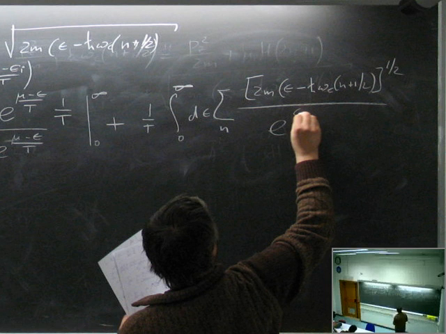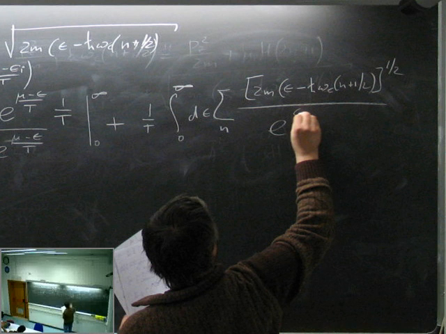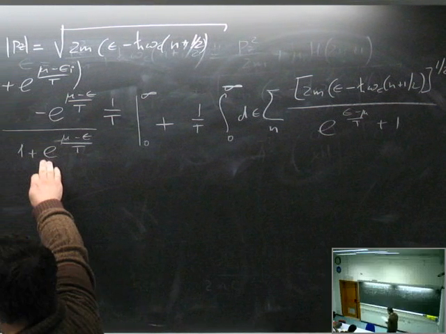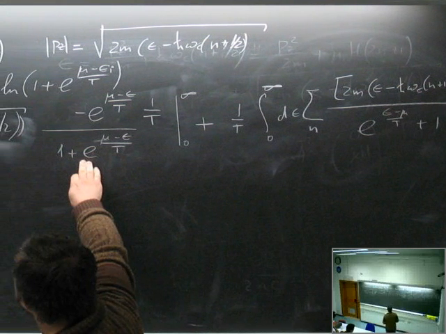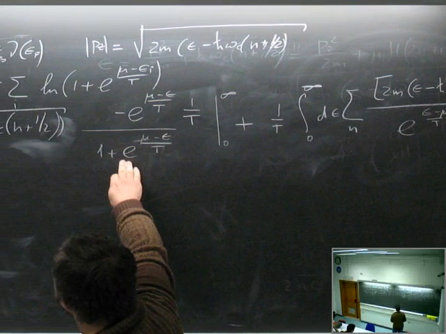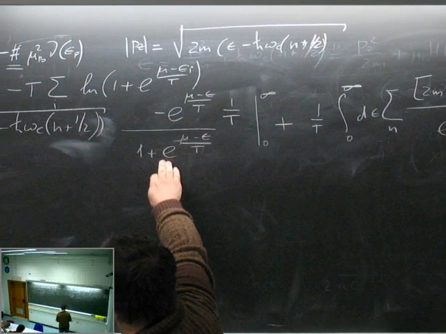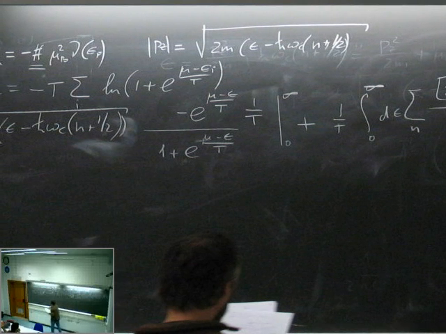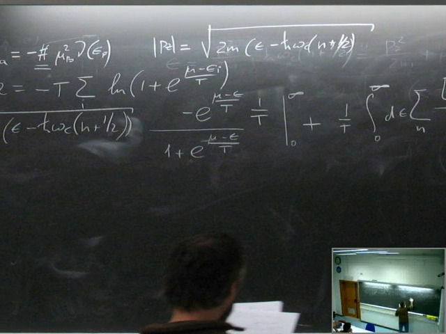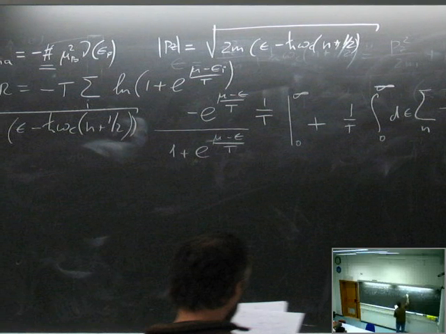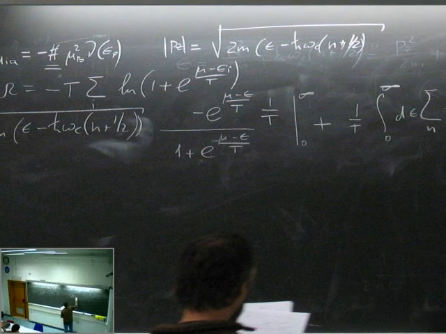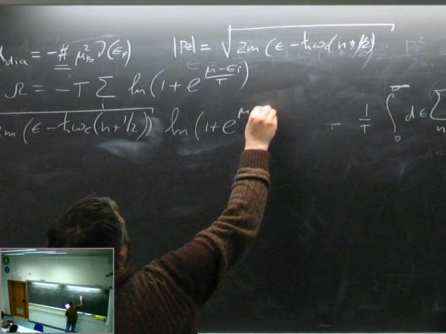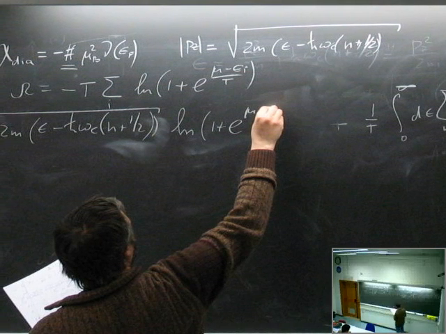So let's look at this expression and first conclude about the first term in the bracket. You see that in principle, no, sorry, I'm too fast. So this one is correct, of course. I already plugged in, but here it should be log of 1 plus e to the power (mu minus epsilon) over temperature in the limits 0 and infinity. Sorry.